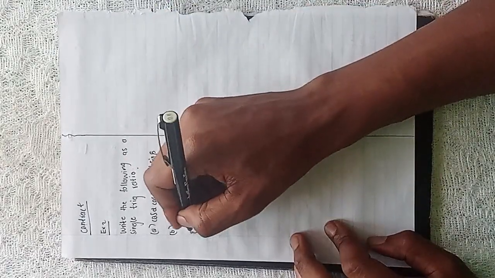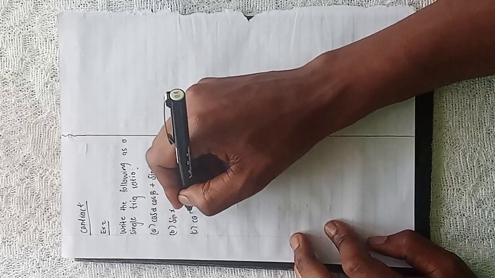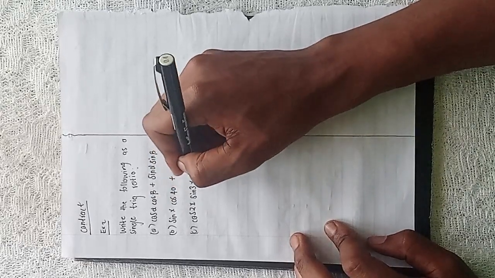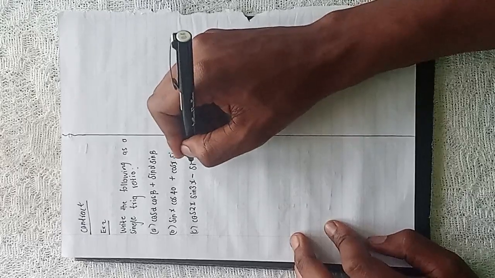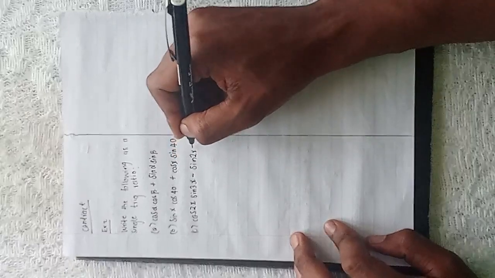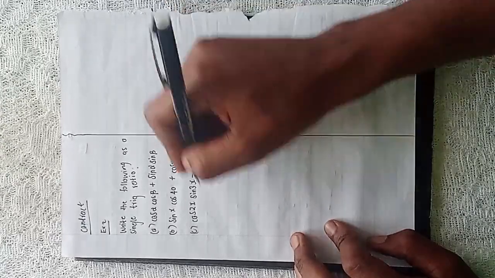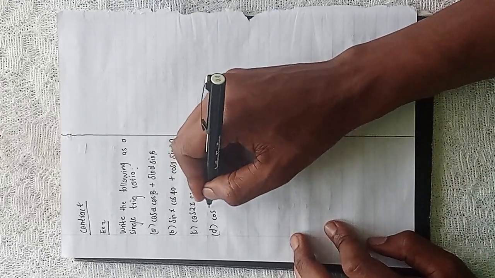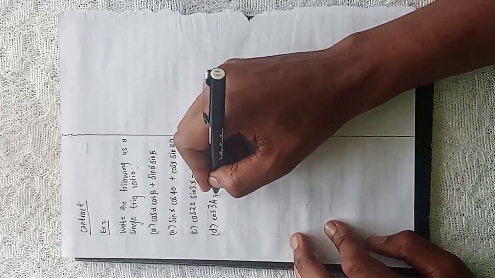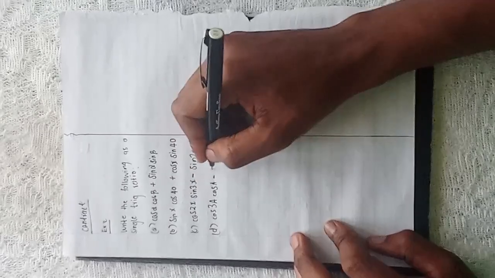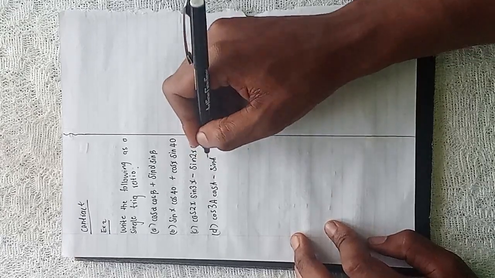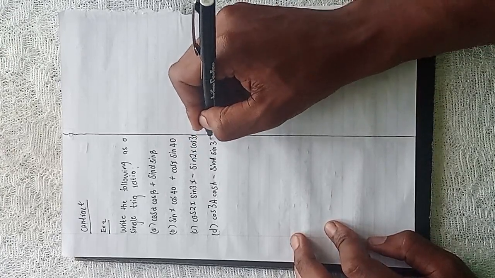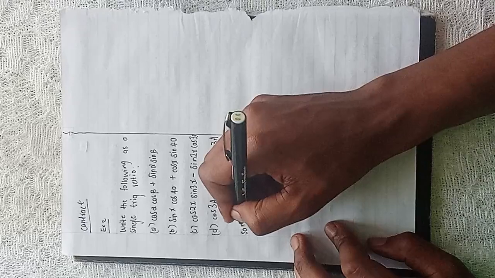And then C we have cos 2x sine 3x minus sine 2x cos 3x. Last one is D. We have cos 3a cos a minus sine a sine 3a.